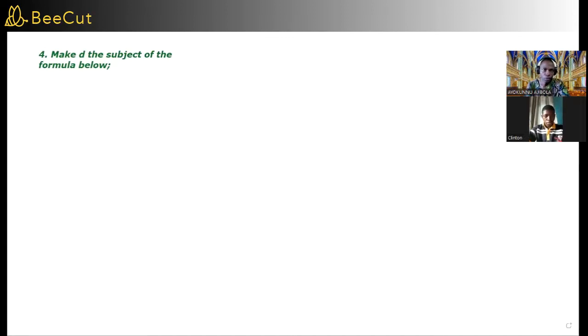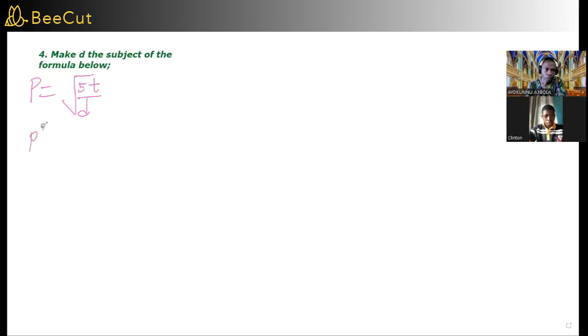P equals the square root of 5t over D. So I want to make D the subject of the formula. Again, I have the square root to deal with. So I have to square both sides.